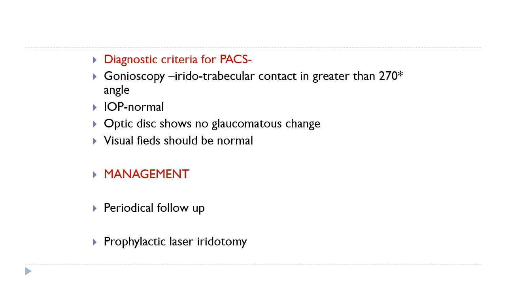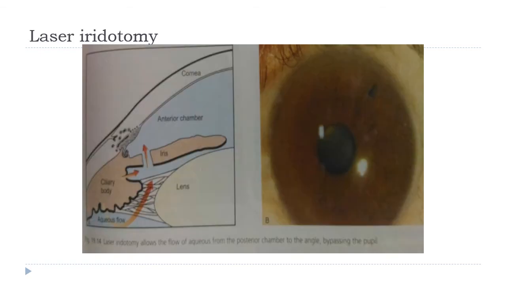Either you call them periodically, every 3 monthly or 6 monthly, or otherwise if the patient is unable to come, you can go for prophylactic laser iridotomy, where you make an opening in the peripheral iris. It is an OPD procedure as such, hardly 15 to 20 minutes is needed, and there is no need for the patient to stay, but he has to come for the next day follow-up.